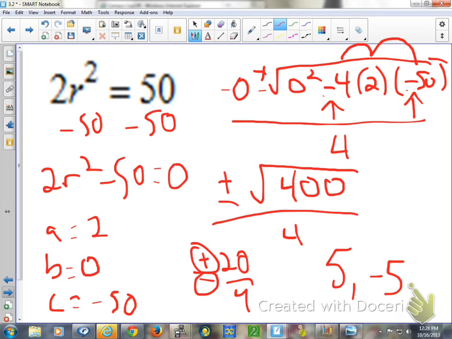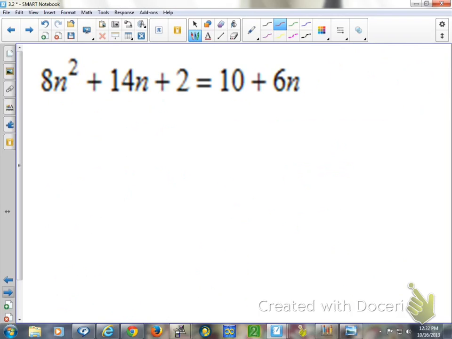Do I need to leave this up there for a moment? All right, here we go. Now, like I said, I wanted you to change this to a negative 10.